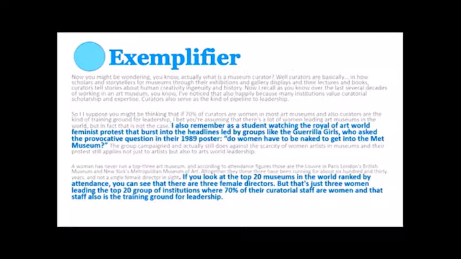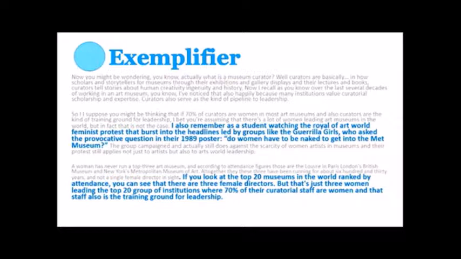We've also got this statistic down here, top 20 museums, 70% of the curatorial staff. So some evidence there, some examples that provide evidence for ideas. So the exemplifier is going to bring those examples and explain what they're examples of, the idea that these examples are connected to, and share those with the circle.